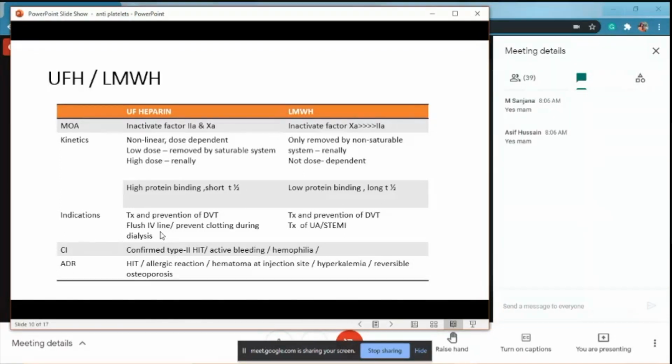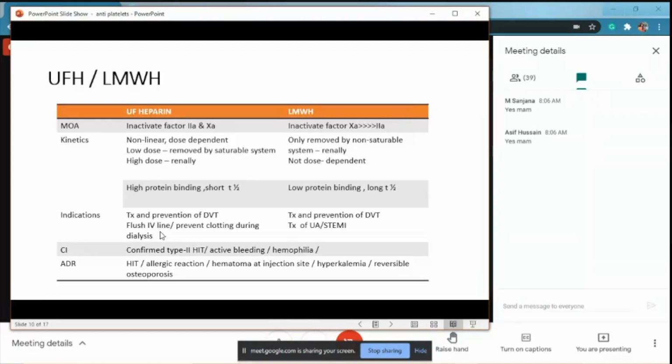What is an example of a saturable system? The endothelial system. At high dose, it is removed by a non-saturable system, which is renal. So it follows non-linear, dose-dependent kinetics.